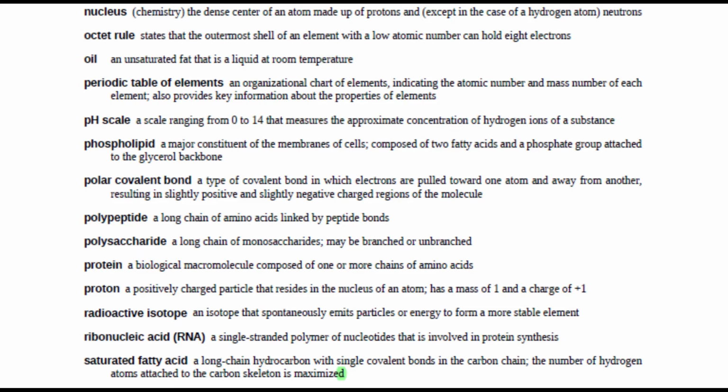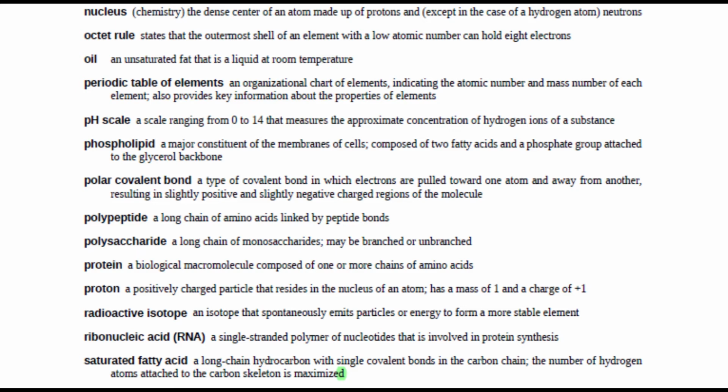Phospholipid, a major constituent in the membranes of cells, composed of 2 fatty acids and a phosphate group attached to the glycerol backbone. Polar covalent bond, a type of covalent bond in which electrons are pulled toward one atom and away from another, resulting in slightly positive and slightly negative charged regions of the molecule.